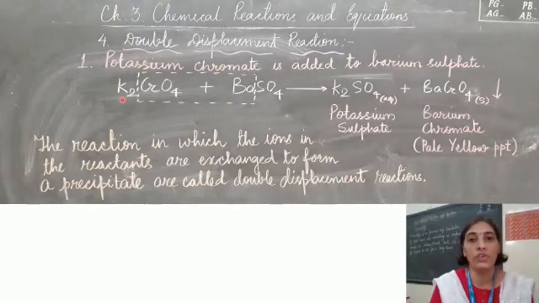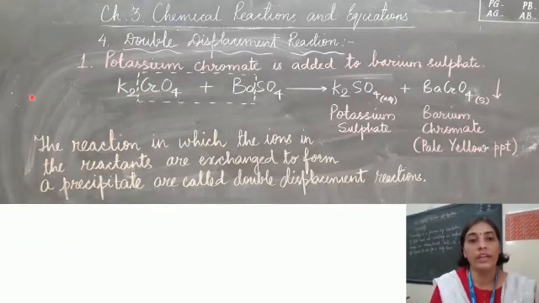Here we have the first reactant, that is potassium chromate. The formula of potassium chromate is K2CrO4. How is this formula formed? You can make it. You must have definitely got accustomed to making the formulas, I hope. If not, then you can make them.